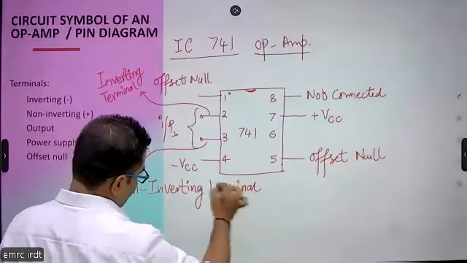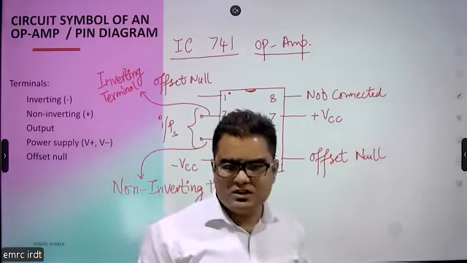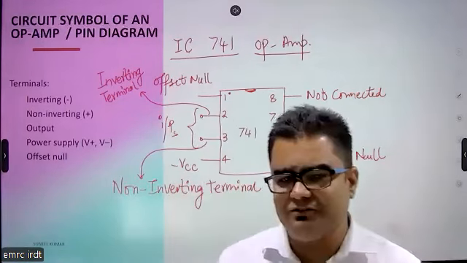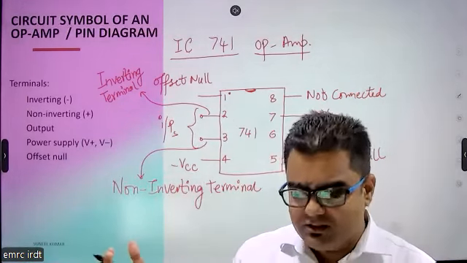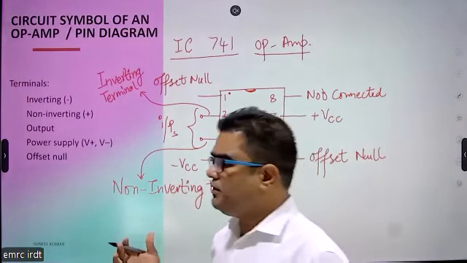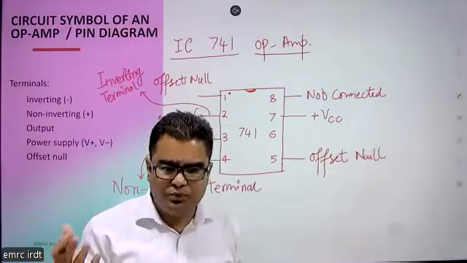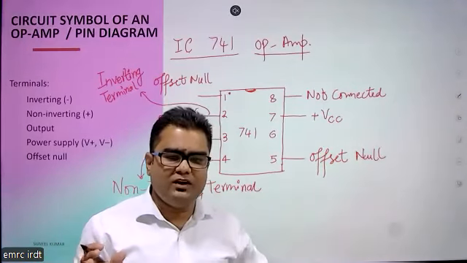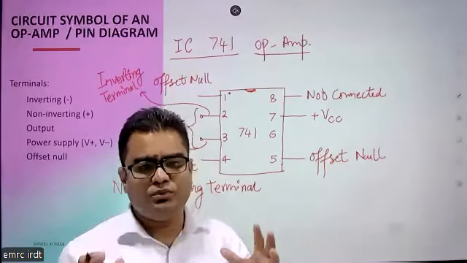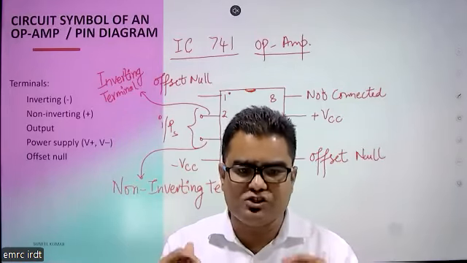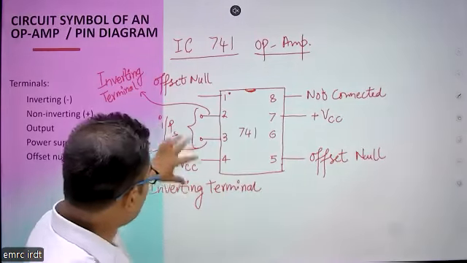Suppose we have a question that how this operational amplifier is differing from other amplifiers. Generally, if we talk about amplifiers, then we must have an input and we are getting some kind of output. But in operational amplifier, we always get an output because of the difference of the input signals. Here we have 2 inputs.